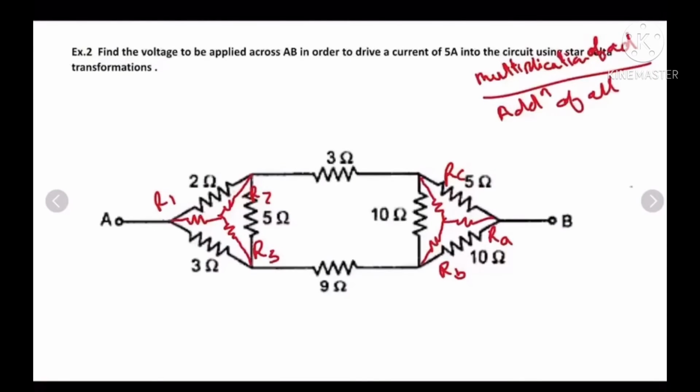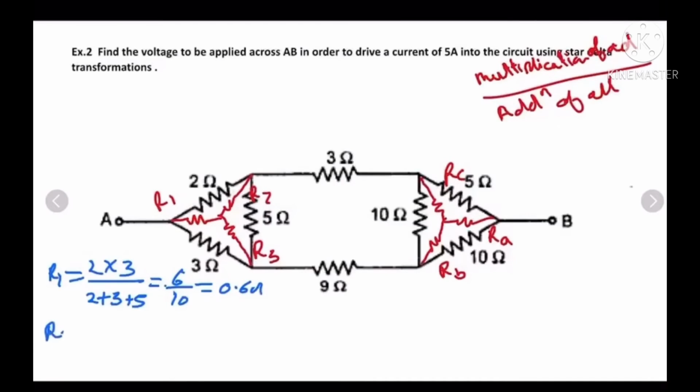So this same formula we are going to use to calculate the values of R1, R2, R3 and RA, RB, RC. R1 is here, so its adjacent elements are 2 and 3. So 2 into 3 divided by 2 plus 3 plus 5, that is 6 divided by 10, which is 0.6 ohm.